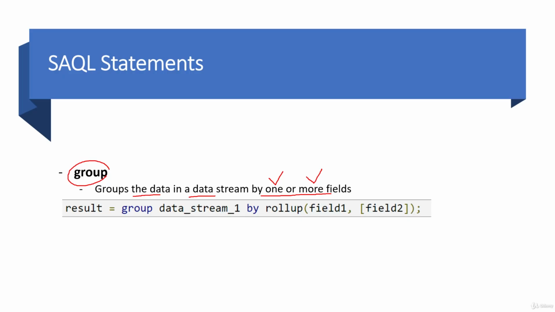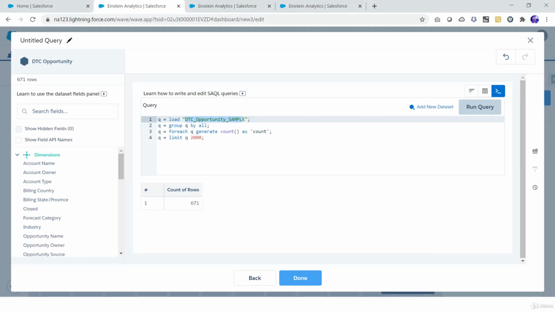To do that, I'm going directly to query mode and writing my grouping statement here. You can see I have loaded my data set using my load statement. Then I'll do grouping. Group is a keyword which will help me. As I said, here I gave the name q, but you can write anything.